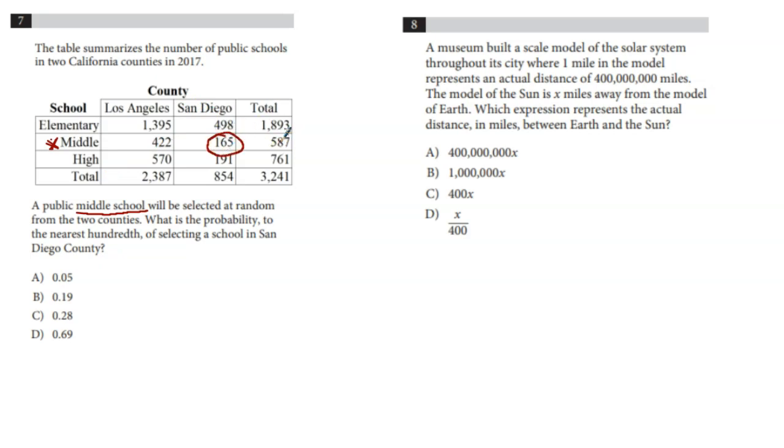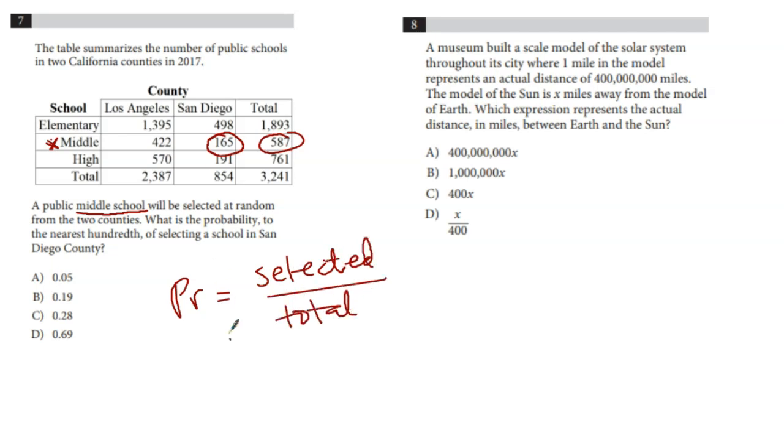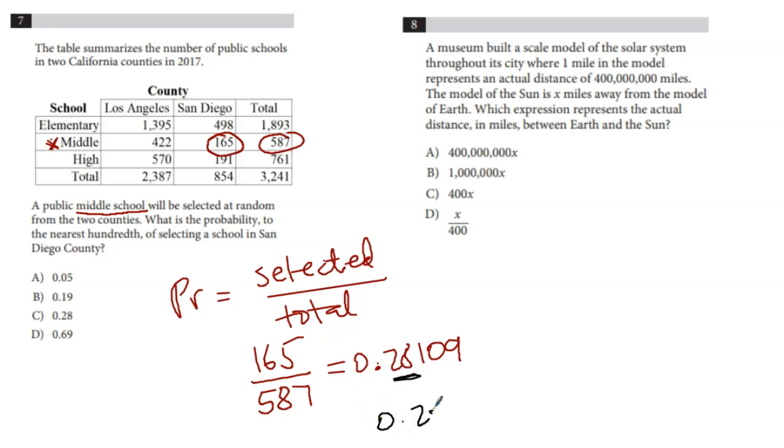But what is the total? The total is this. You know that the probability is selected over the total. So here the selected is 165, all divided by the total, which is 587, and that gives you 0.28109. But they want us to stop at the nearest hundredth, which is 2 decimal places. So that gives us 0.28. That gives us the C.